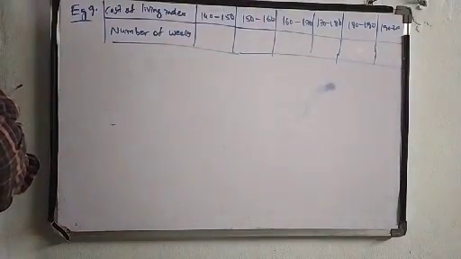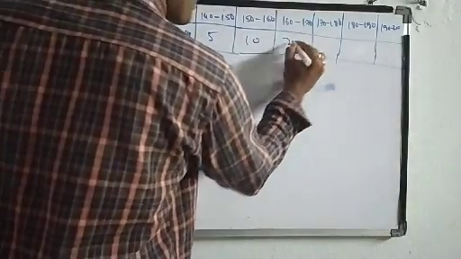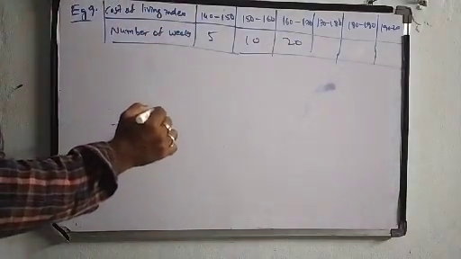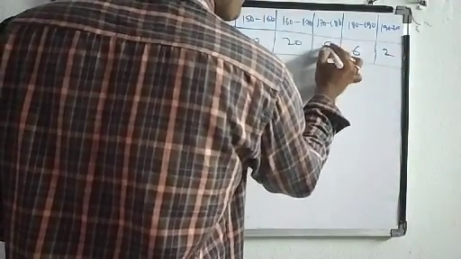And the frequencies are 5, 10, 20, 9, 6, 2. So these are the frequencies which are given.